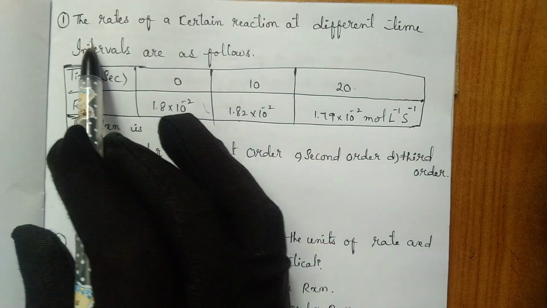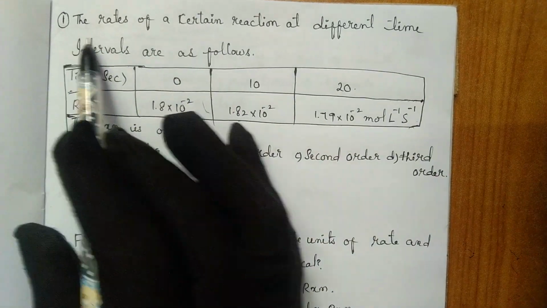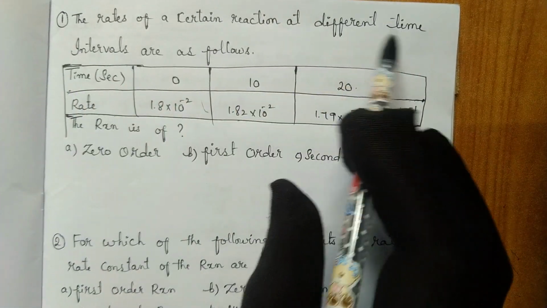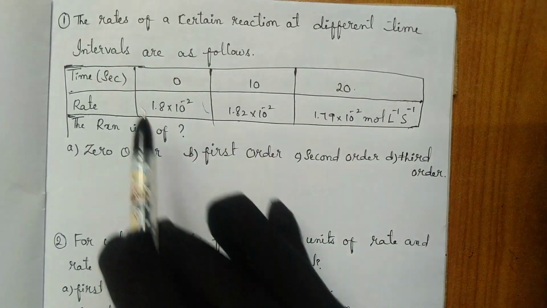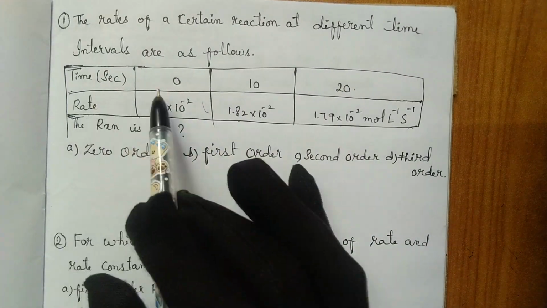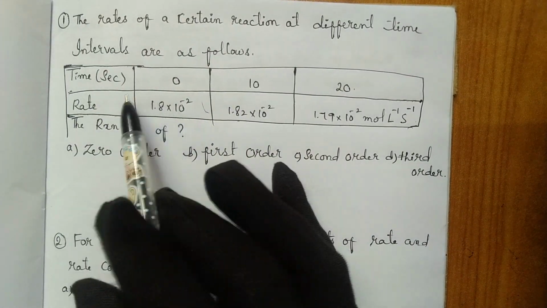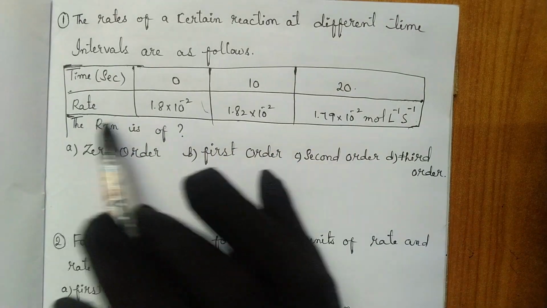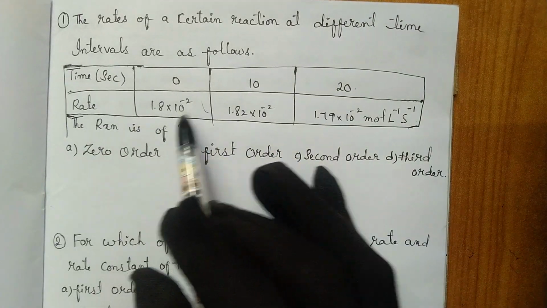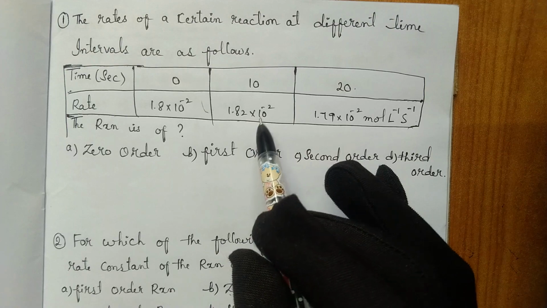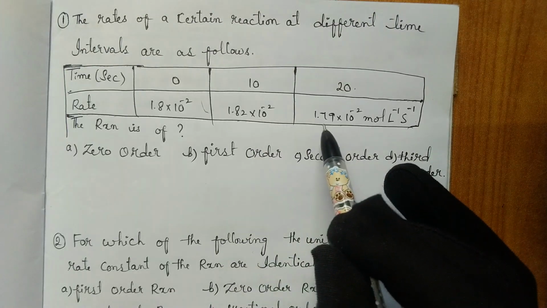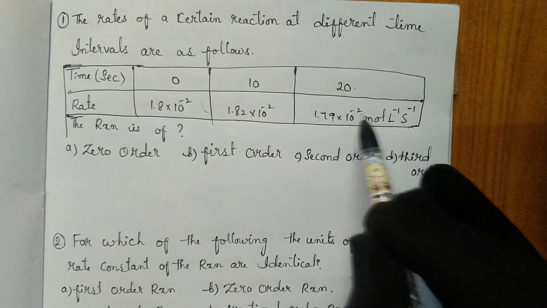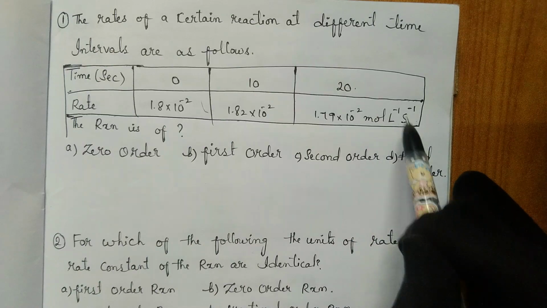Now let's do some problems. First one: the rates of a certain reaction at different time intervals are as follows. So time and rates for the reaction are given: 0, 10, 20, and the rates are 1.8 into 10 to the power of minus 2, 1.82 into 10 to the power of minus 2, 1.79 into 10 to the power of minus 2 mole per liter per second.